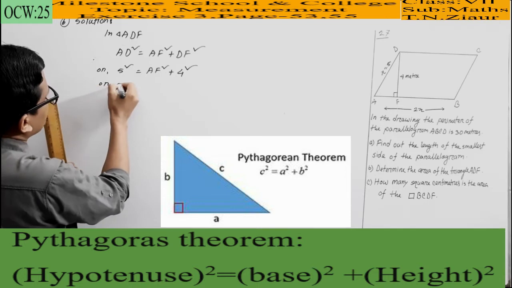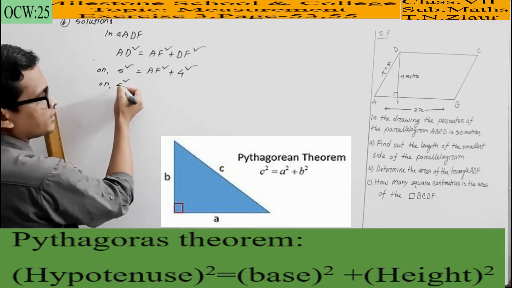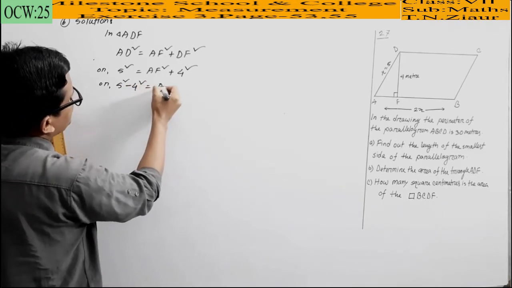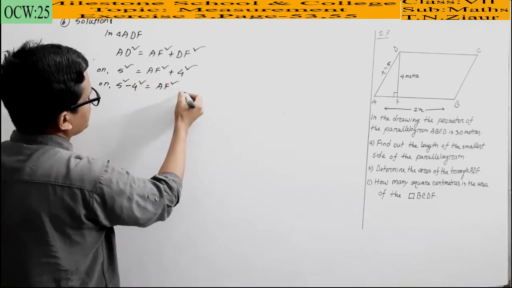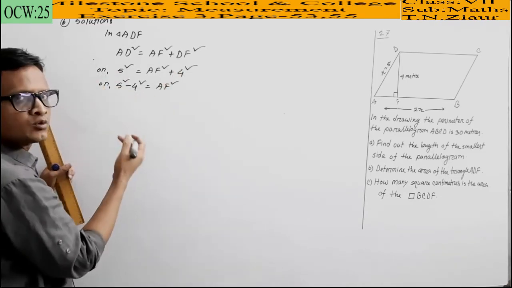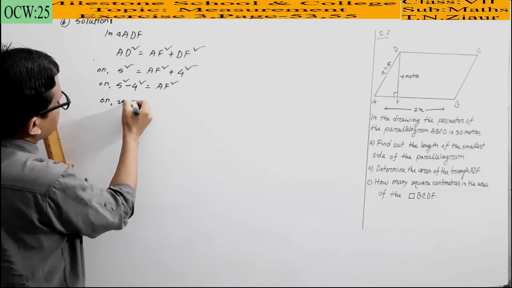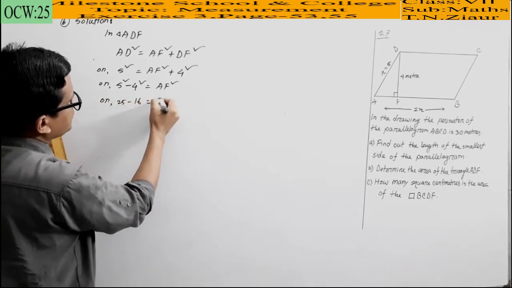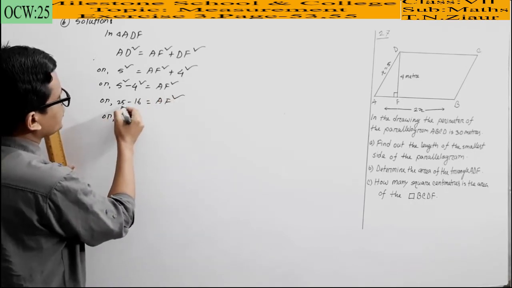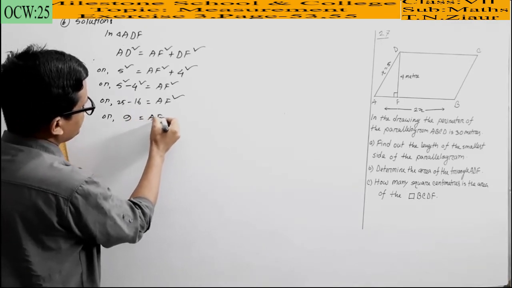So students, if I take this in the left side, it will be minus 4 square is equal to AF square. That means it will be minus. So now 5 square means 25 minus 4 square means 16 is equal to AF square. So we can write 25 minus 16, it will be 9 is equal to AF square.